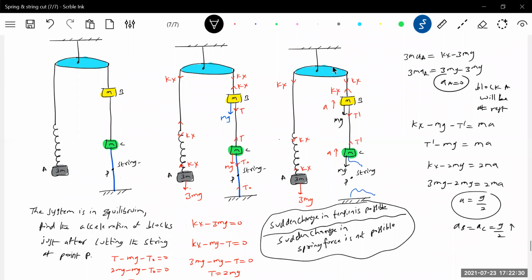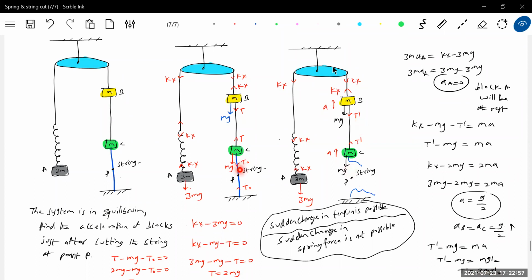What is the tension? Can we calculate tension? Yes. T dash minus mg equals ma. Look at it now. Earlier what was the tension? 2mg. Now it will become 3mg by 2. Slightly it will decrease.